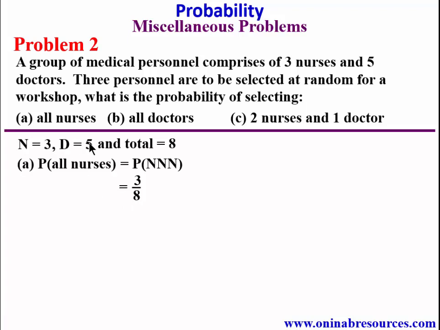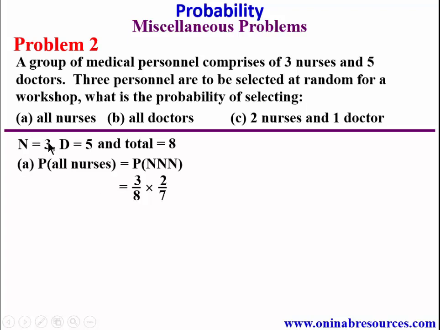The probability of now selecting the second person as nurse again will now be 2 over 7, since there are now 2 nurses and 5 doctors, making a total of 7 after the first selection. So that will now give us times 2 over 7.